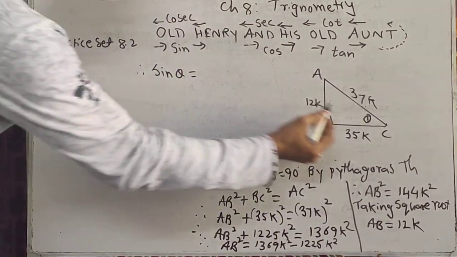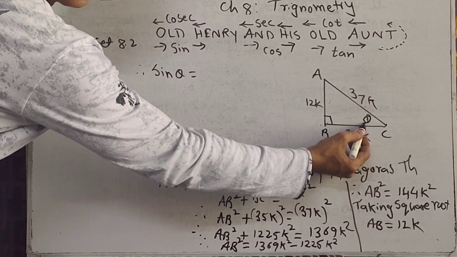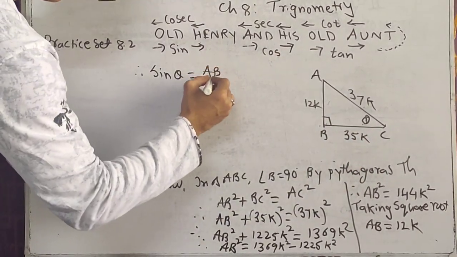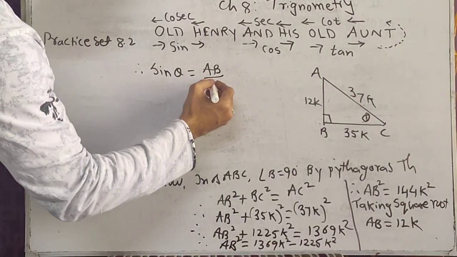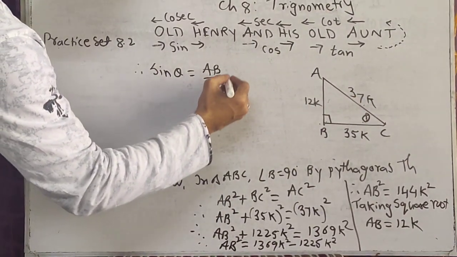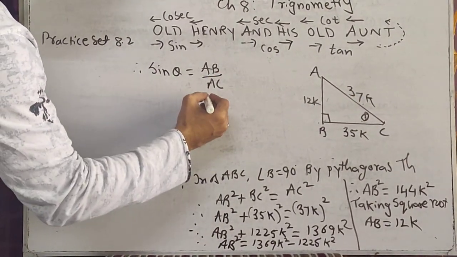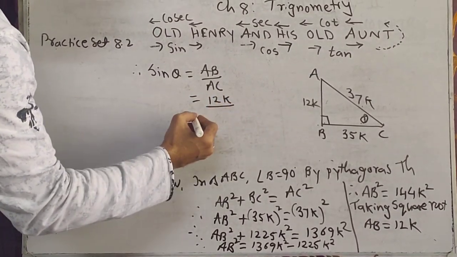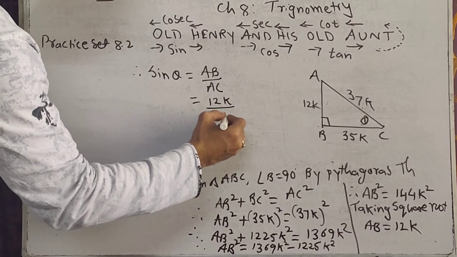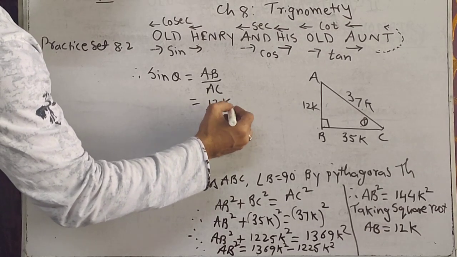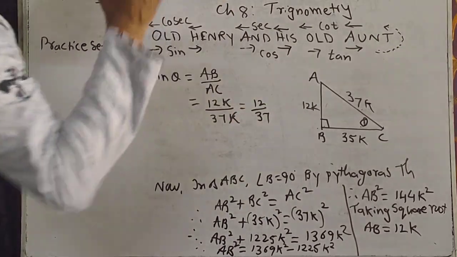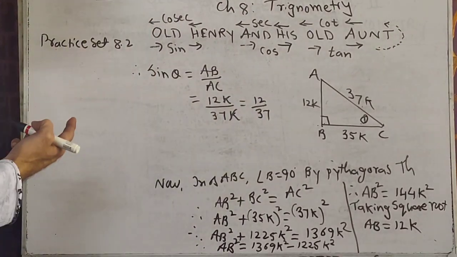See, theta is here, so opposite side is AB upon hypotenuse. Hypotenuse is AC. Correct? So AB is 12k and AC is 37k. K and K will get cancelled. You got the answer 12 upon 37. Sin theta answer you got it.